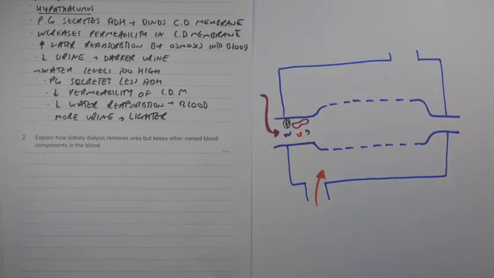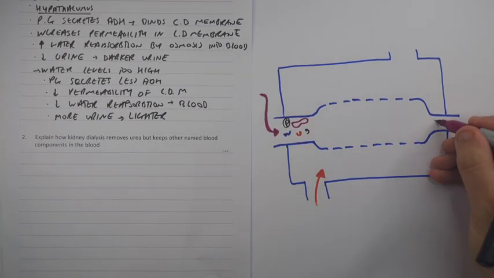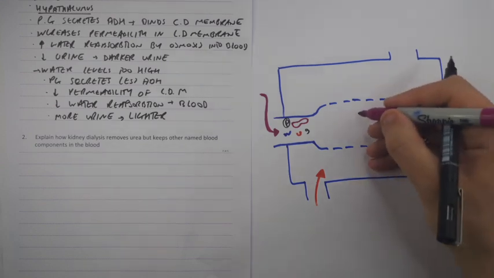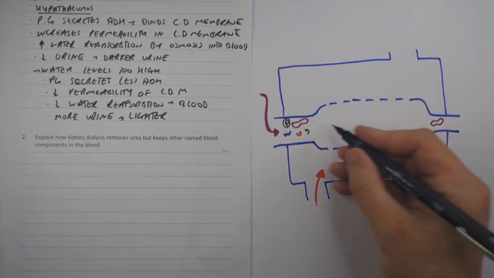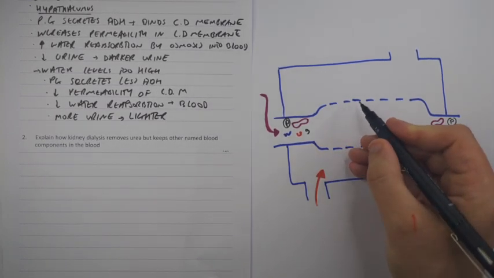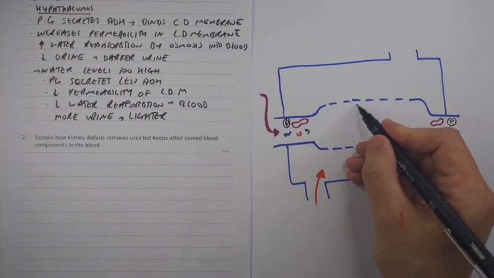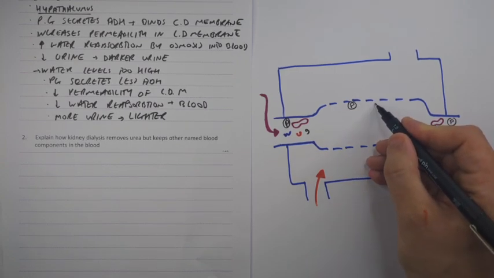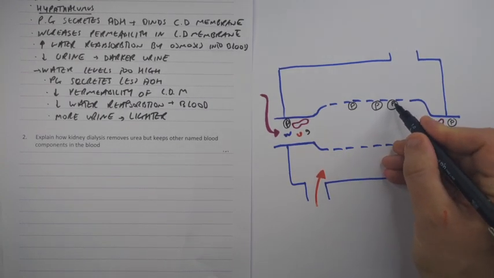Firstly, we need the red blood cells and the proteins to not exit the dialysis machine. So this membrane here in the machine, the proteins are too large to diffuse out.